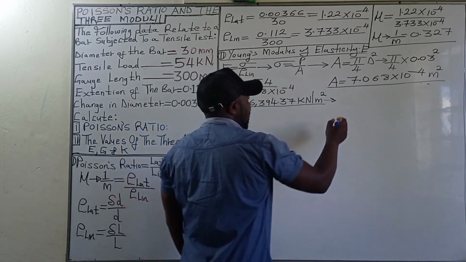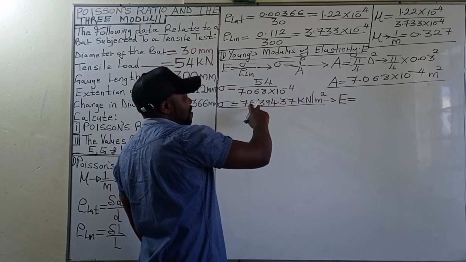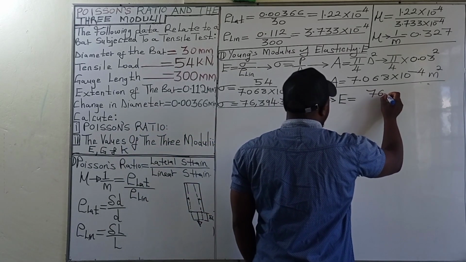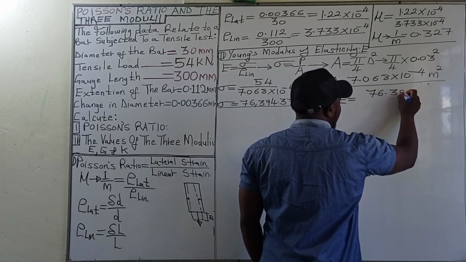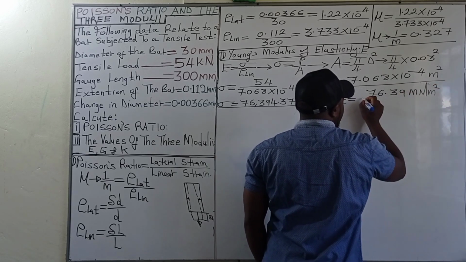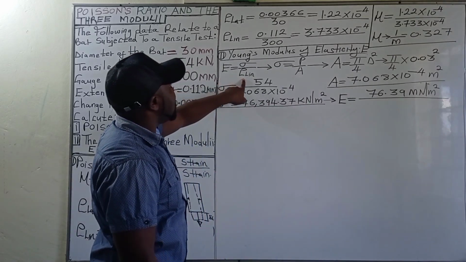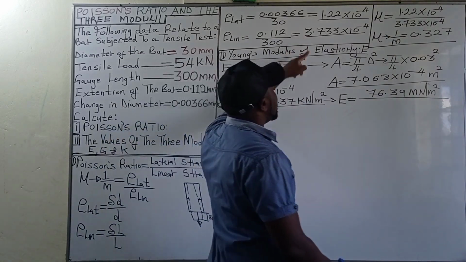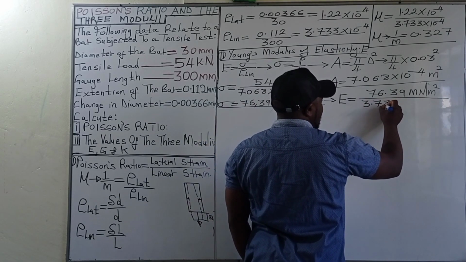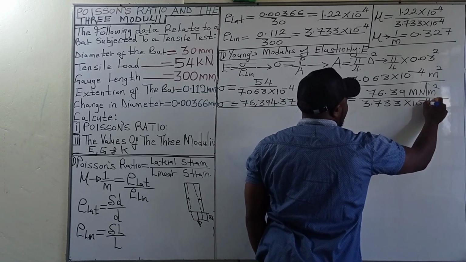Now we can get our Young's modulus of elasticity by taking our stress. We have said we convert it to meganewtons per square meter. That is going to be 76.39 meganewtons per square meter. Divide this by the linear strain, and in this case the linear strain is 3.733 times 10 raised to the power of -4.